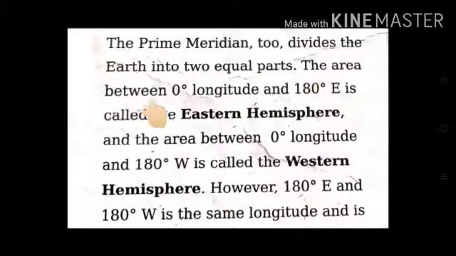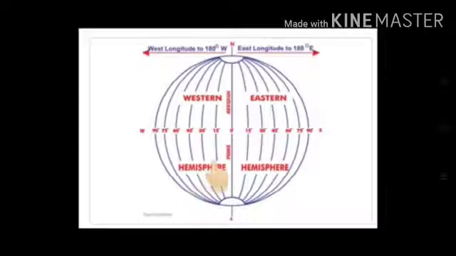The area between 0 degree longitude and 180 degree east is called the eastern hemisphere and the area between 0 degree longitude and 180 degree west is called the western hemisphere. Now see this diagram, children.